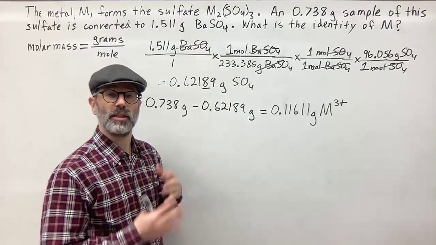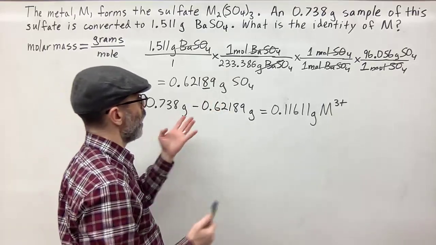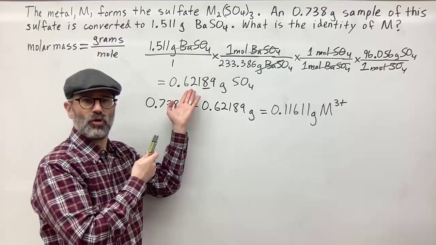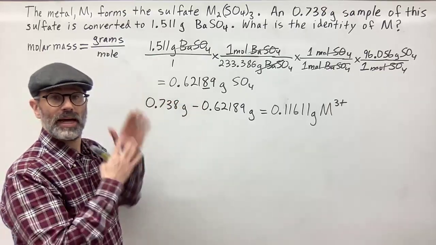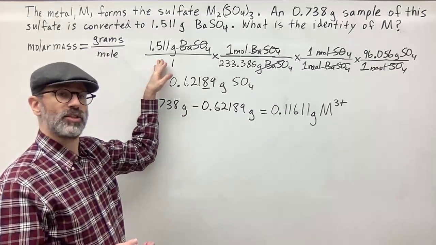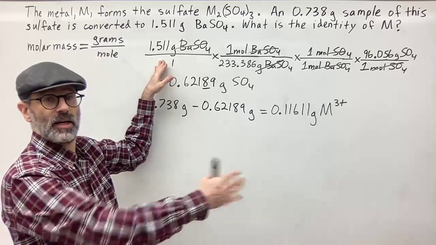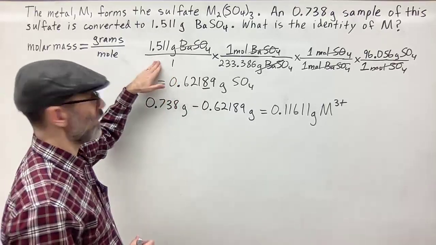But maybe you got this wrong, maybe you're off by a little bit. So you might start with the given amount, because we know that this is given. This has to be true. Either one is fine. I'm going to start with this.